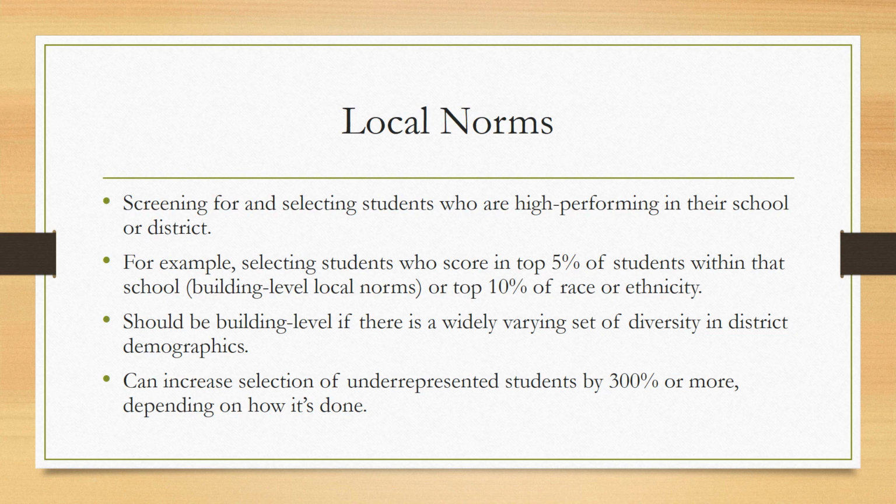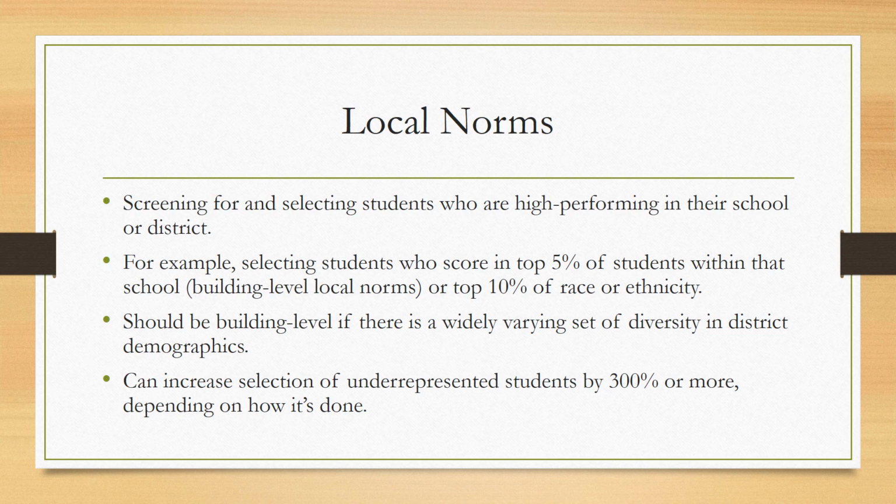So you can see how local norms for the students who are economically advantaged would be of great advantage to uncovering underrepresented students, because those students couldn't possibly have had the same experiences as the more affluent community. It should be a building level set of local norms if there's a varying set of diversity and district demographics, as I just described. Half the community was affluent, half was not affluent, was poor. And so you don't want to compare those students, you want to compare within each school.